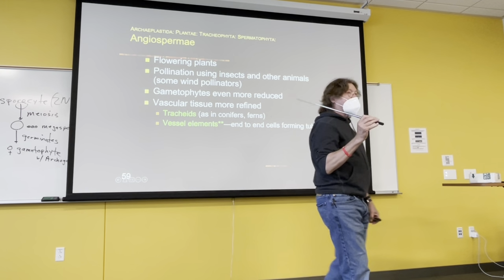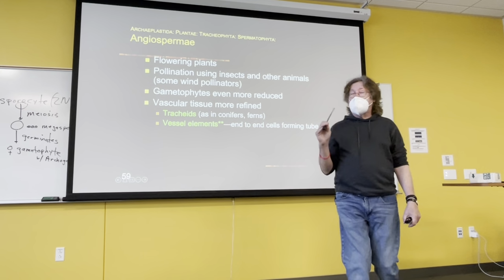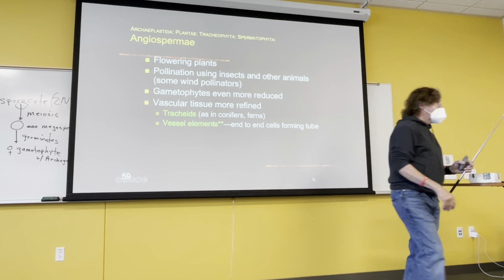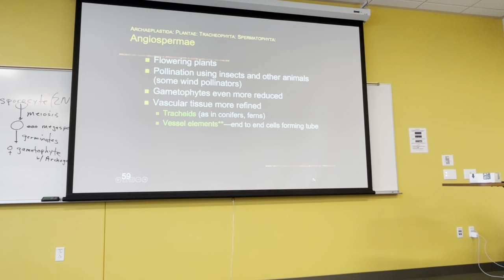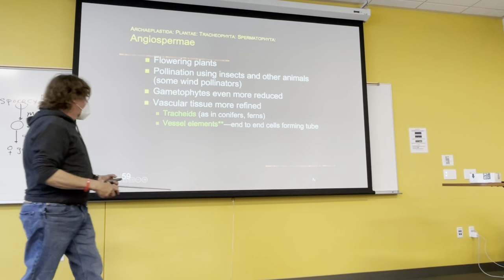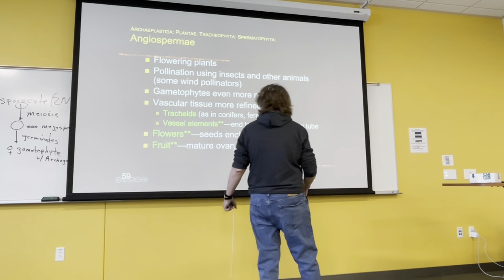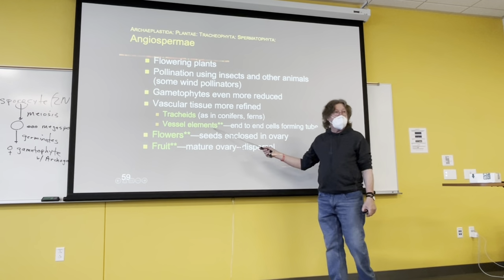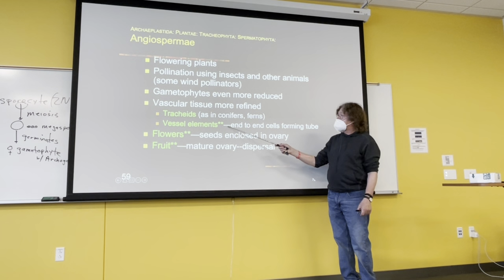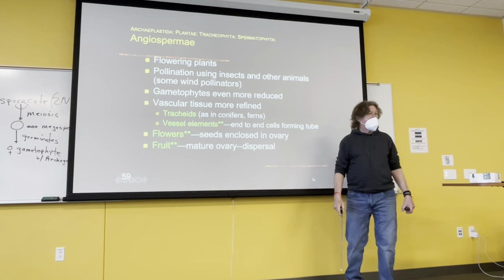Because these two types of cells, tracheids and vessel elements, are found in the xylem, part of the vascular tissue. That's wood, okay? All right, and that's an apomorphy. That's a synapomorphy. I have those double stars there.